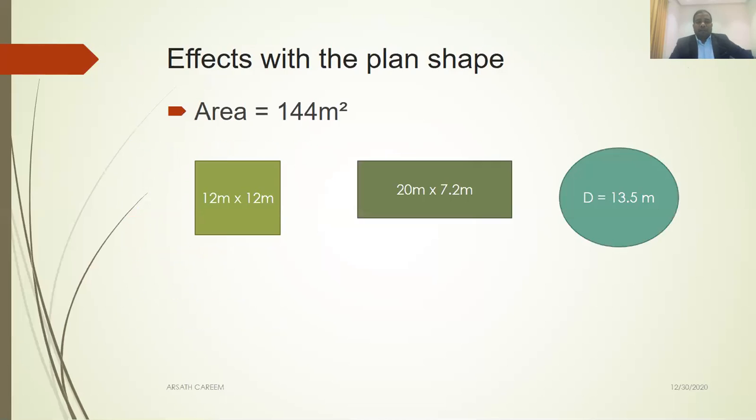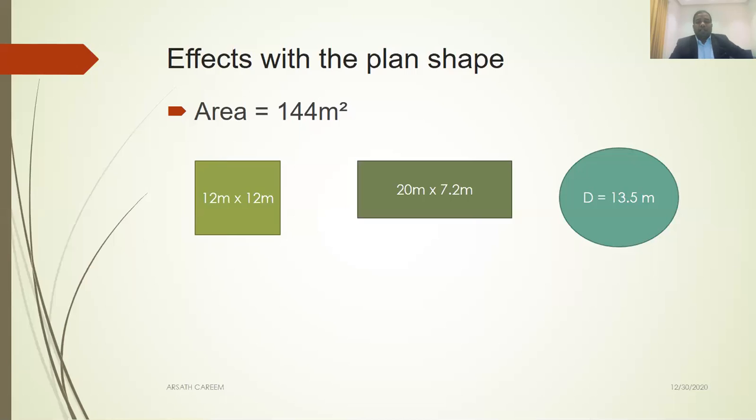For example, on this diagram, you have to build an area of 144. This is an example of how the plan shape affects the building cost. Let's say you have to build a 144 square meter small room. Here you have 3 options in terms of the shape of the building.